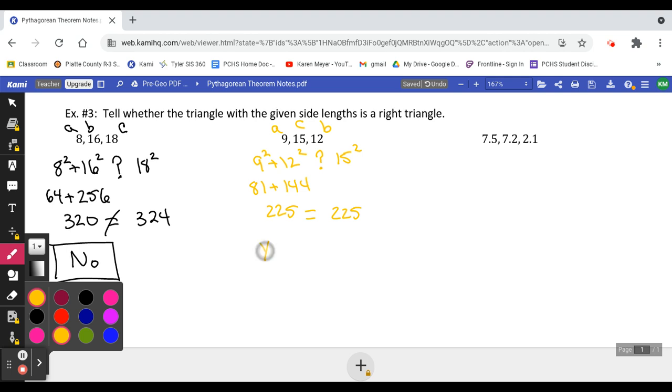So then we get to say, yes, we could form a right triangle. Okay, you pause the video and try the last one by yourself.